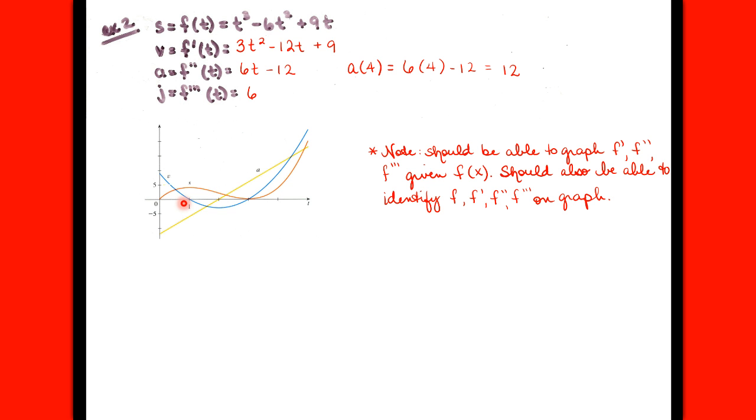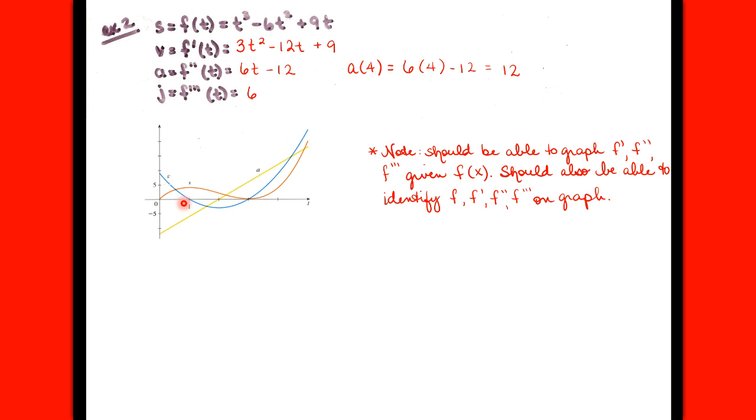It says the particle speeds up when the velocity is positive and when the velocity is increasing. Now that makes sense. If the velocity is positive, meaning it's already going forward, and then it's increasing, that means that it's speeding up, right? Well, that would only be true when both velocity and acceleration are positive.